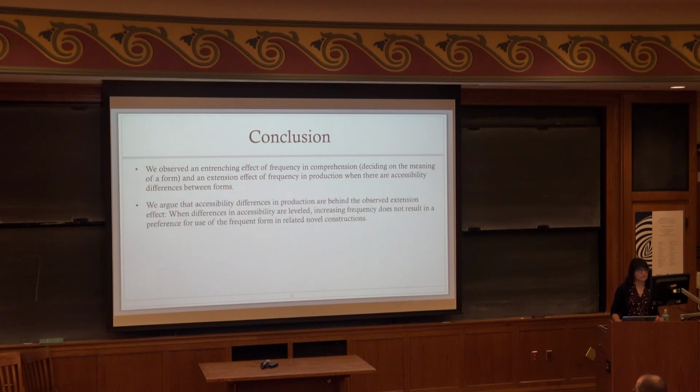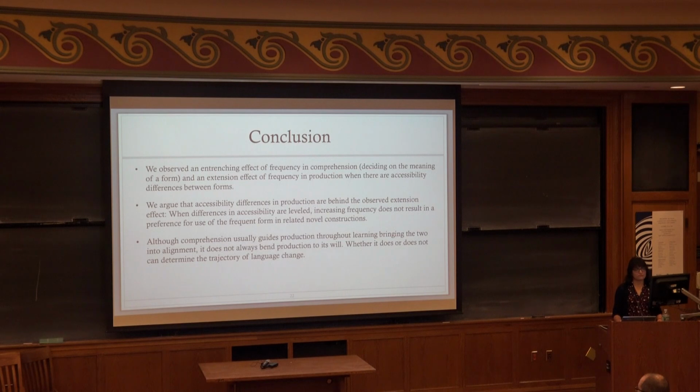When accessibility differs between forms, we argue that accessibility differences in production are behind the observed effect. When differences in accessibility are leveled, increasing frequency does not result in a preference for the use of the frequent form in the related novel construction.